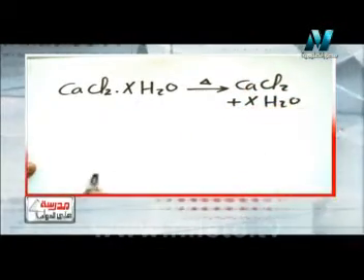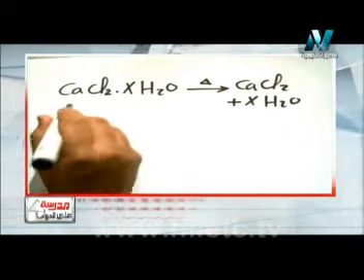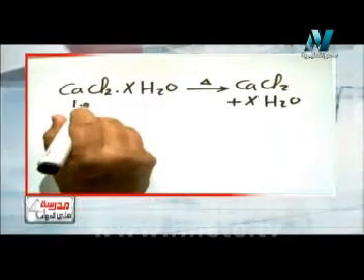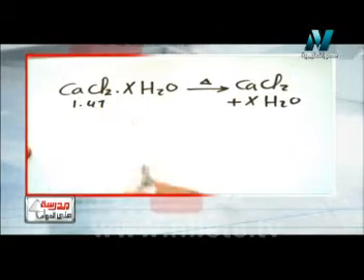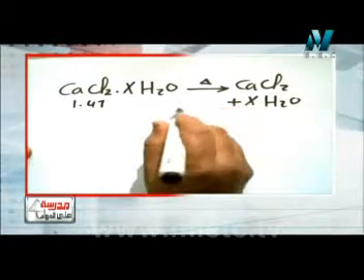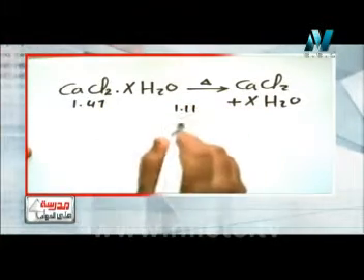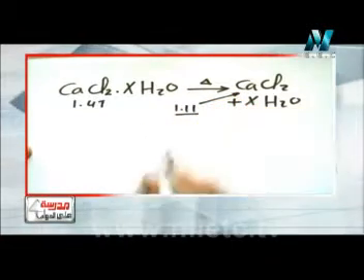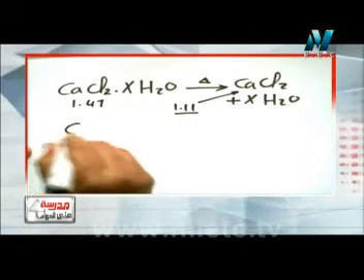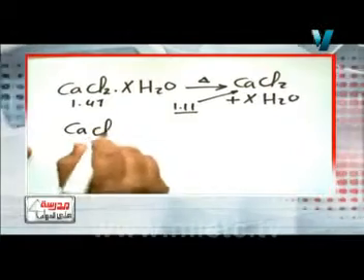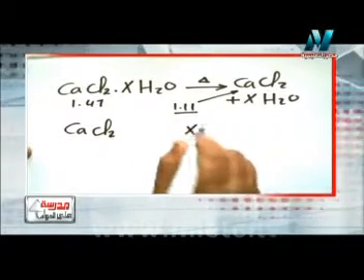XH2O. He says that the hydrated mass is 1.47 and the rest mass is 1.11. This is the mass of calcium chloride. So the relation will be between calcium chloride and X water.